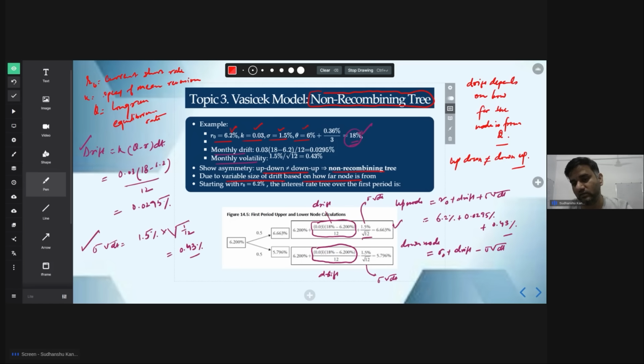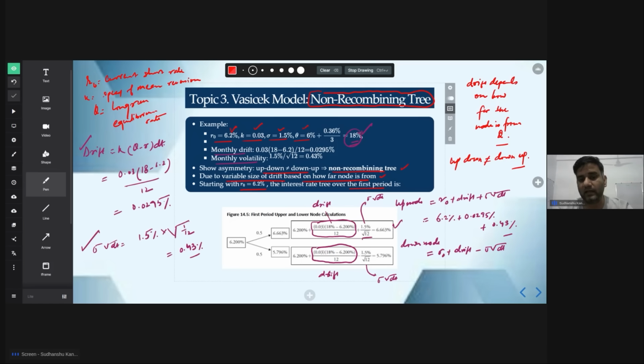Starting with r equal to 6.2, the interest rate tree of the first period we have built. Please understand that in the Vasicek model, when we have a non-recombining tree, the calculations are quite different, so there will be asymmetry, which we'll see.